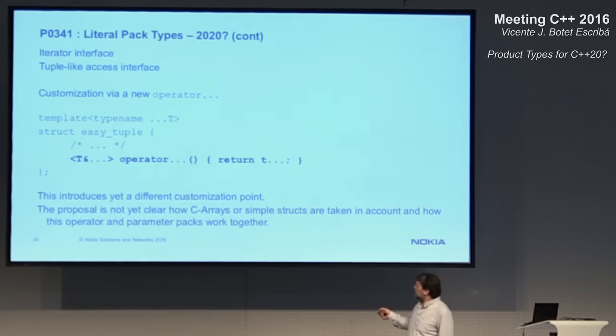Then, again, we need to be able to ensure that all these customizations are equivalent, and this proposal is not yet clear about how it works with CRIs or just structs that have all their non-static data members public.